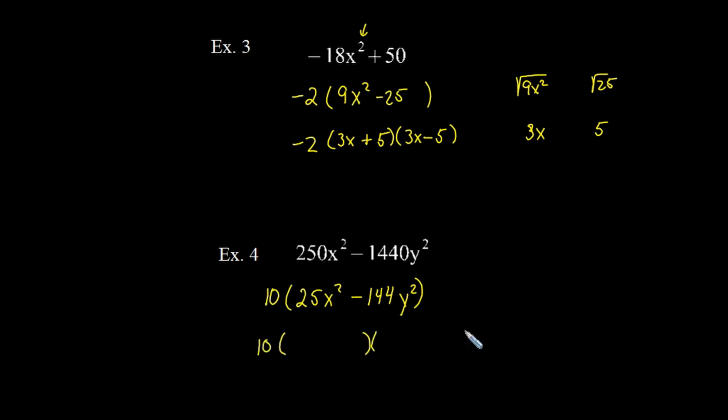And once again, our process is going to be exactly the same. We're going to take the square root of 25x squared. So the square root of 25 is 5, and the square root of x squared is x. And then this, for conjugates, remember we're going to result in conjugates every time. So the first terms are going to be the same, and then the second terms will be the same. And one will be positive, and one will be negative.